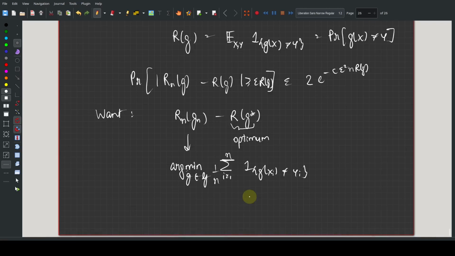So this is a function, let me call it z. This is a function of g, xn, and yn. For a given g, this is a sum of IID random variables, correct? But what I have is the minimum of these functions.